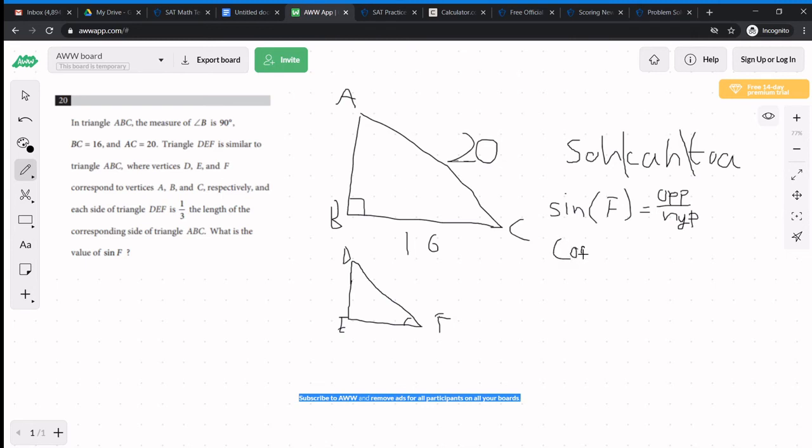Cosine of f equals the adjacent side over the hypotenuse.